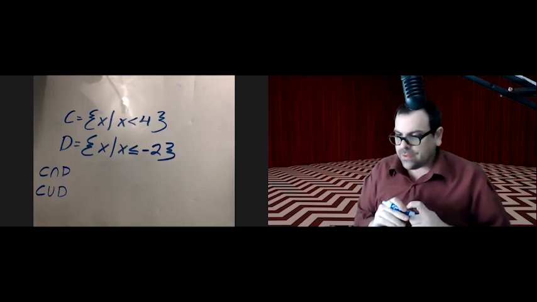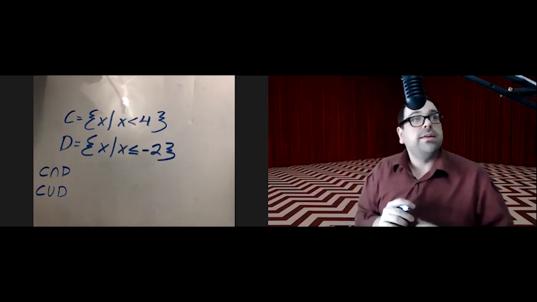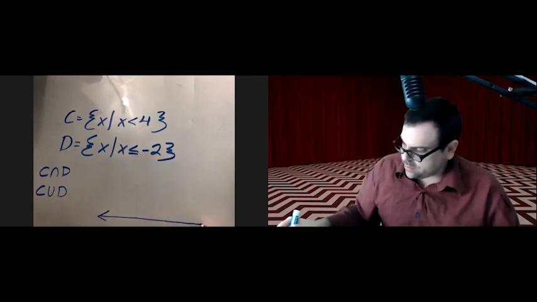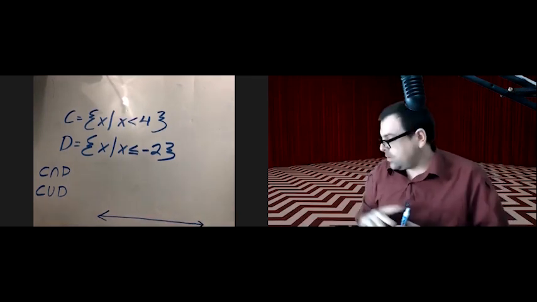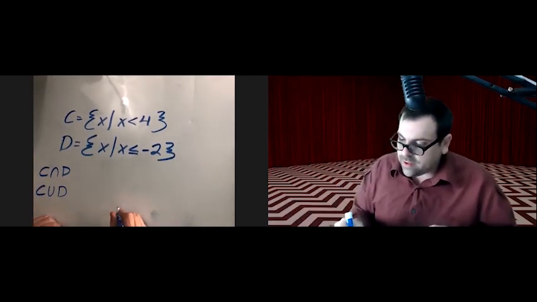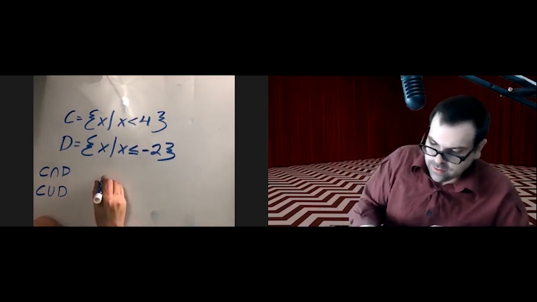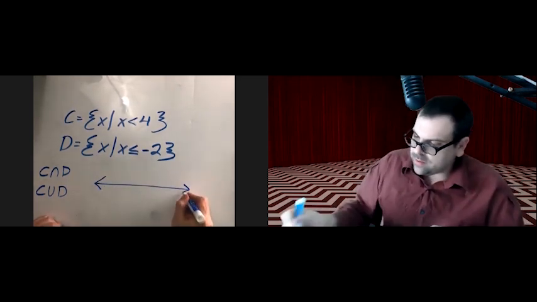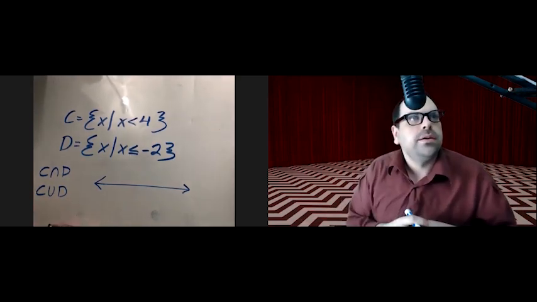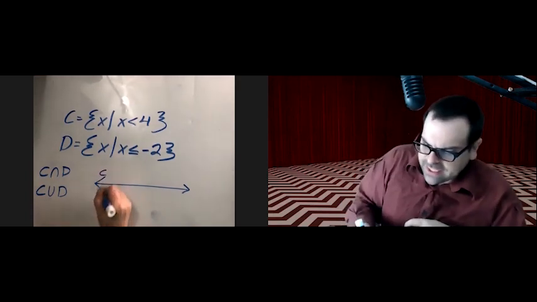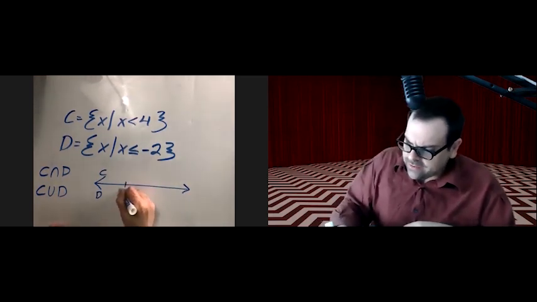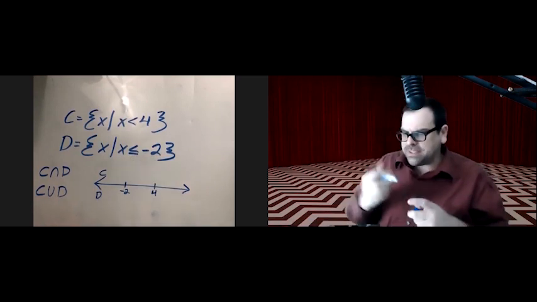Well, let's go ahead and look at the graph. Up top, I'm going to graph C, and below, I'm going to graph D. For that, we're going to need -2, and we're going to need 4.